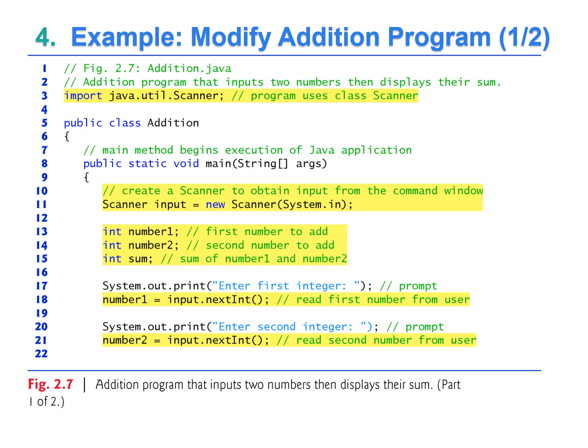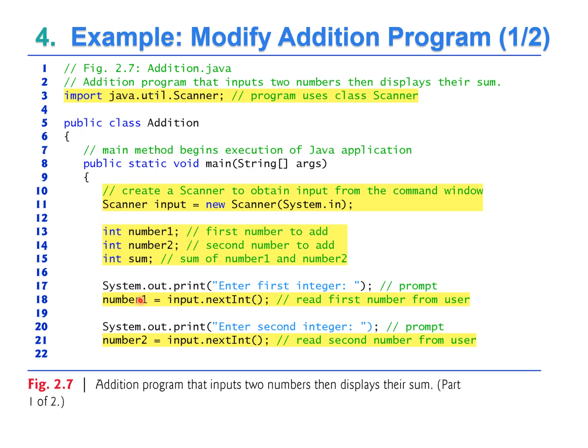Let's look at an example of another addition program that inputs two numbers and then displays their sum. This program, which we call Addition, works similarly to the Addition0 program in the previous example, except that the two numbers that will be added have values entered by the user instead of predefined values in the program.